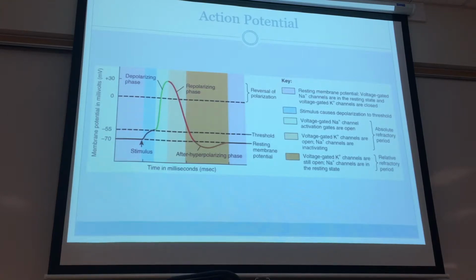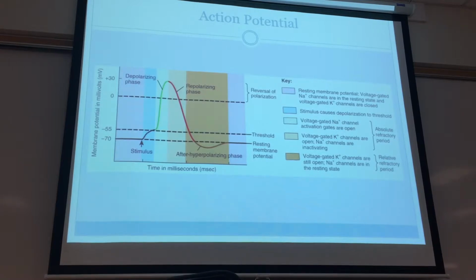Once we reach threshold, we've got all these channels right here. Once the membrane potential reaches, those waves of sodium make their way over to the axon hillock. If that causes enough of a depolarization that we reach threshold in this area, it's going to open up all these gates so that it allows sodium to rush in. So that action potential is taking place at that one spot.